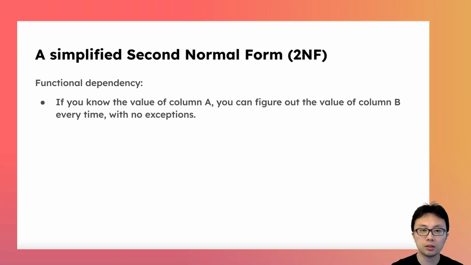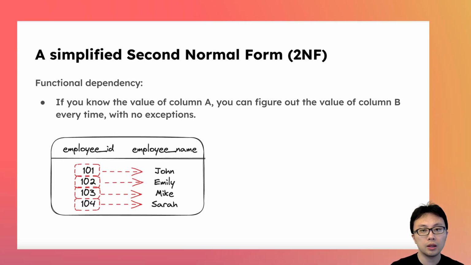with no exceptions. For example, think about a table representing employees, and the table has only two columns, employee ID and employee name. Employee ID is the primary key of this table. Given a value of the employee ID, you can always figure out the corresponding employee name.